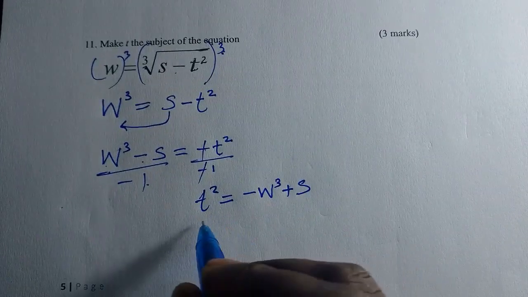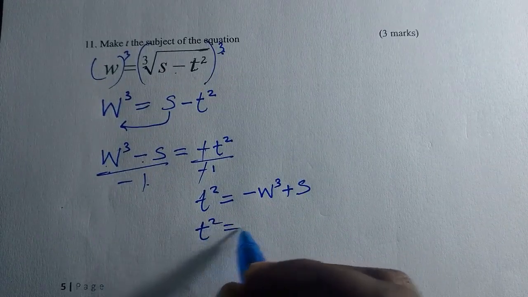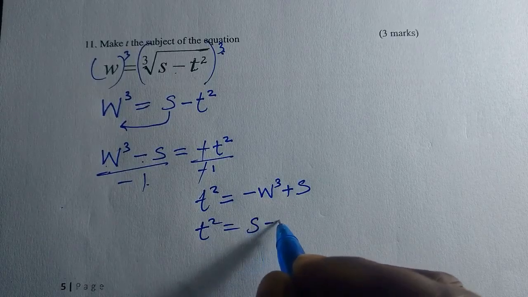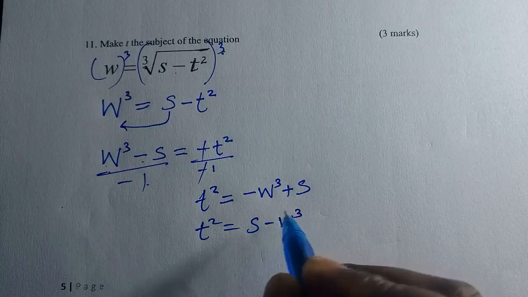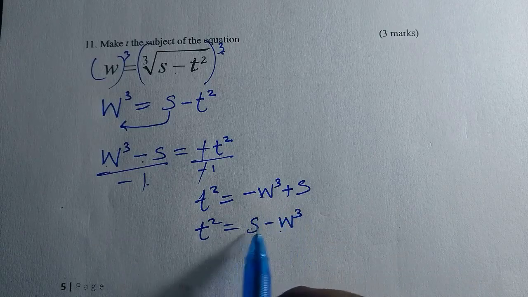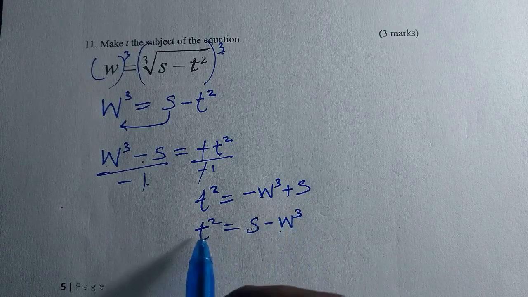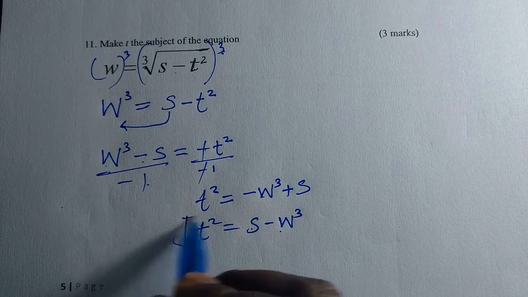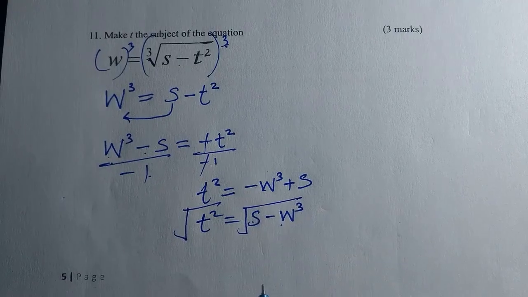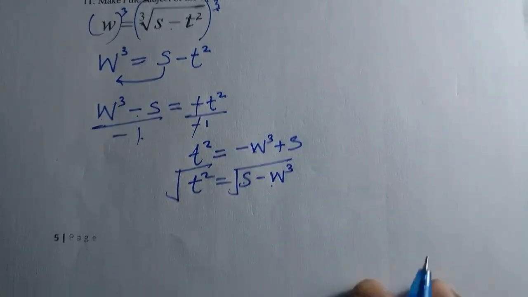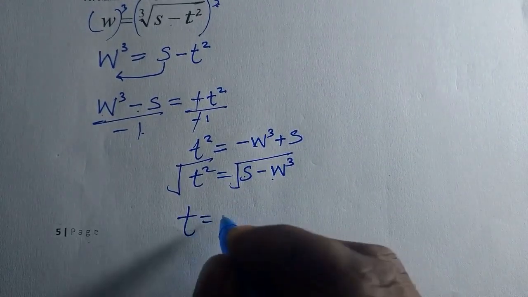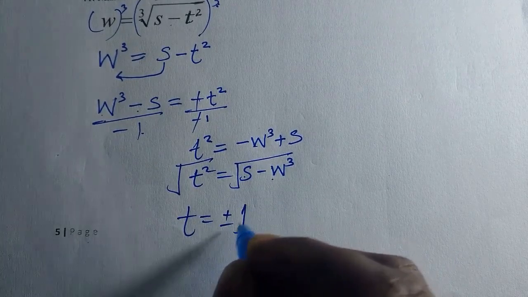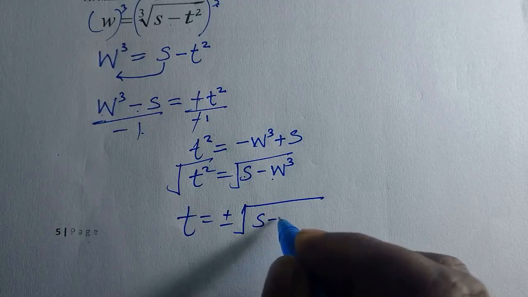So this is the same as t squared is equal to s minus w cubed. It is the same. This and this are the same. S is positive, w is negative. So to find t, you find the square root of both sides. So t is equal to plus or minus the square root of s minus w cubed.